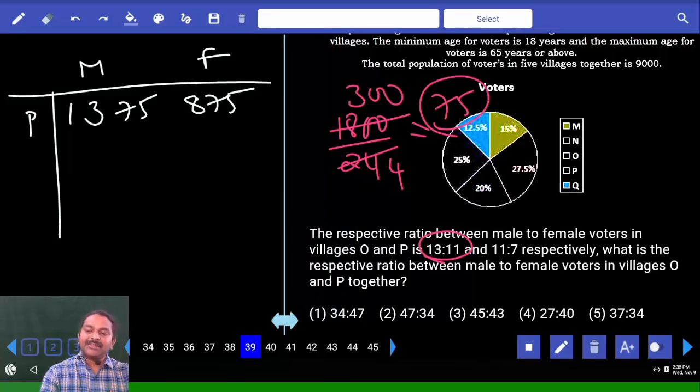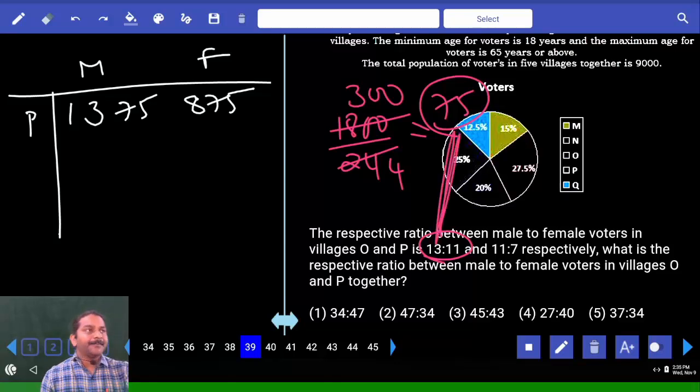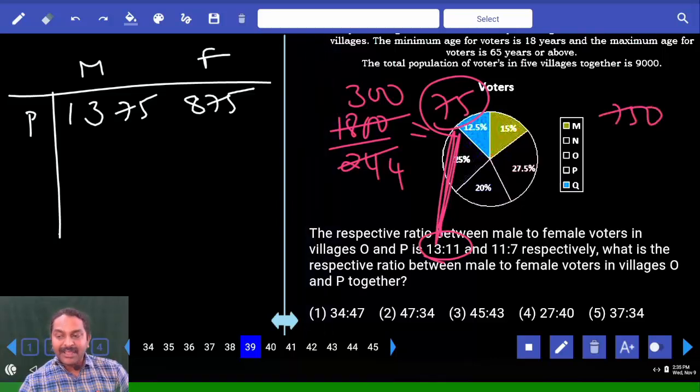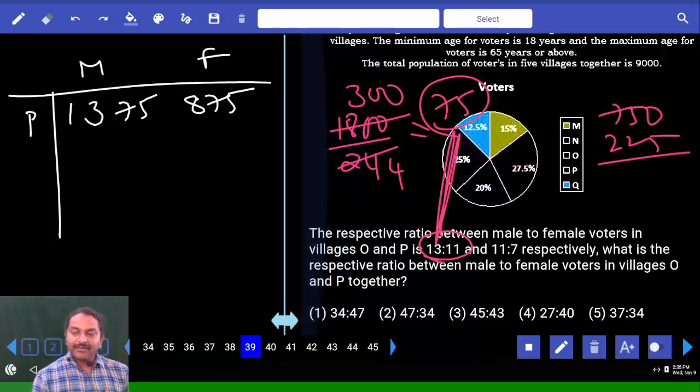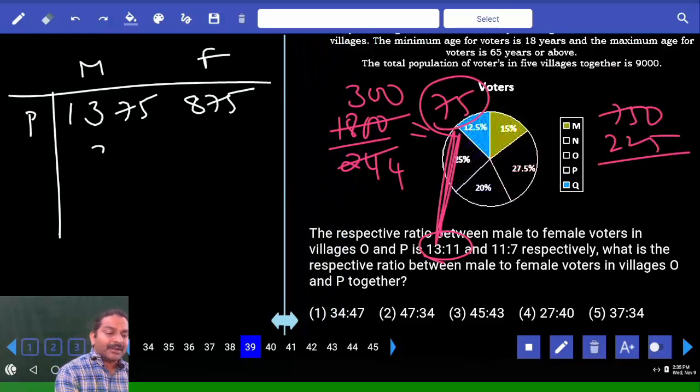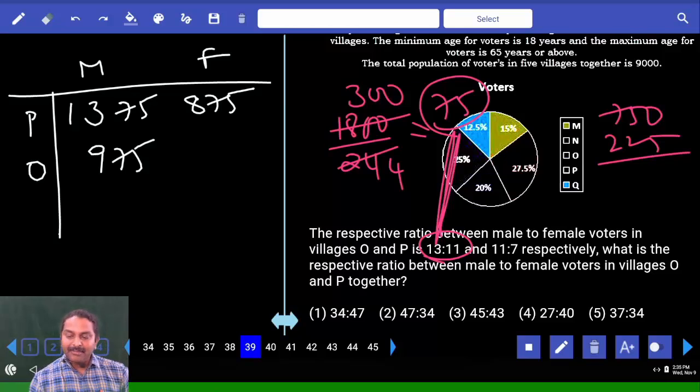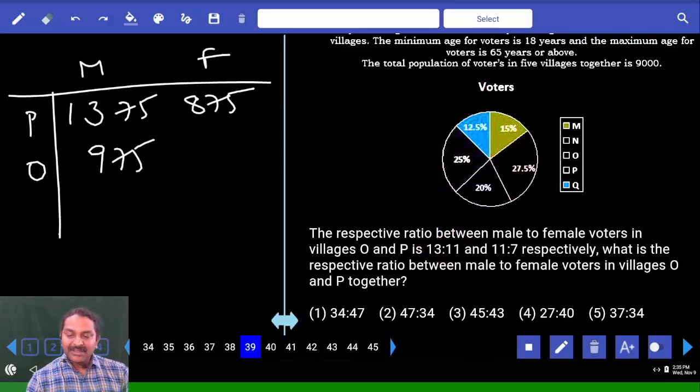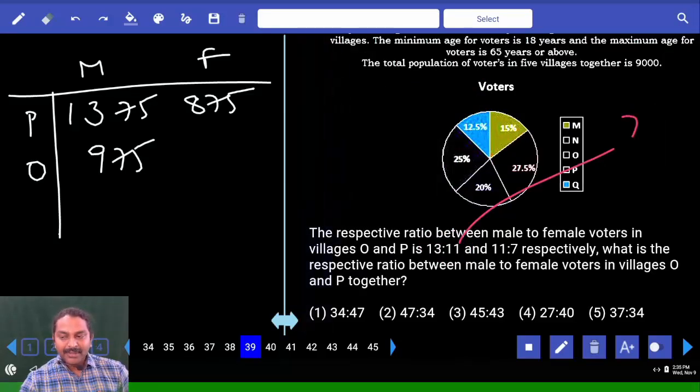Now male are 13 parts. 1375 is only. 75 10 times. 75 3 times, 225. Total 975 male are there. And then female are 11 parts. 1175 is only. 10 times plus 1 time.